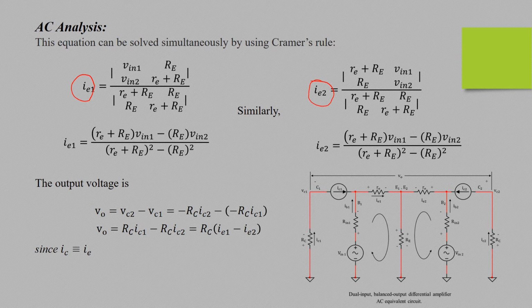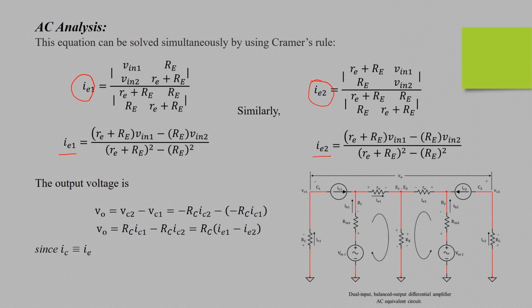When we solve these equations, we get IE1 is equal to ((re plus RE) into Vin1 minus RE into Vin2) divided by ((re plus RE) square minus RE square), and IE2 is equal to ((re plus RE) into Vin1 minus RE into Vin2) over ((re plus RE) whole square minus RE square).